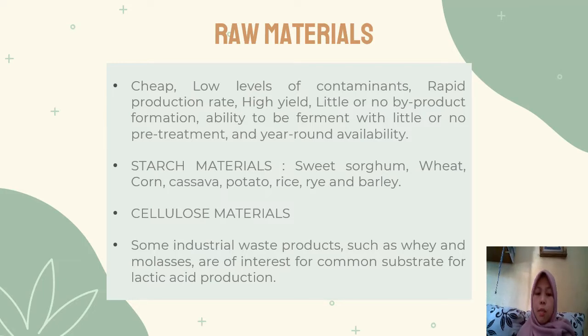Cellulosic materials consist mainly of beta-1,4-glucan and often contain xylan, arabinan, galactan, and lignin. Lactic acid can be produced from pure cellulose through simultaneous saccharification and fermentation (SSF).